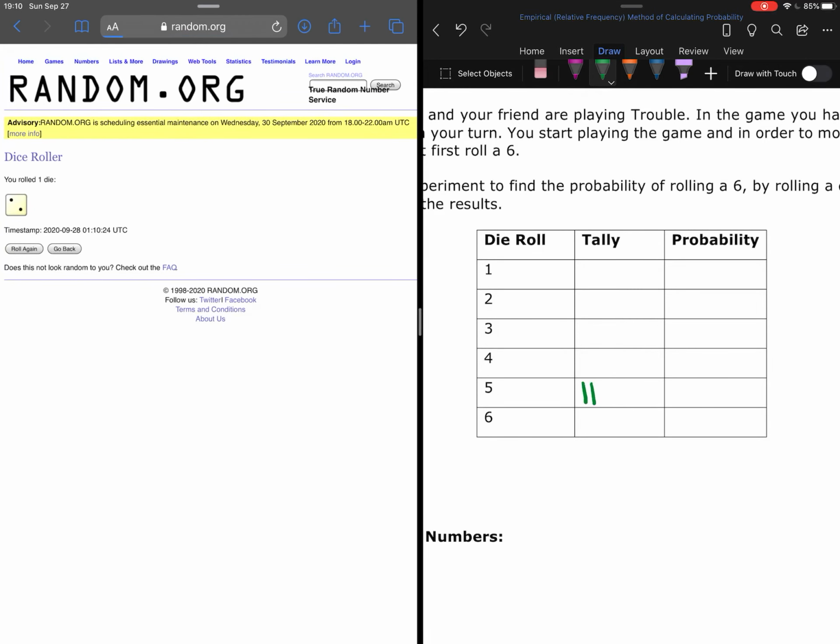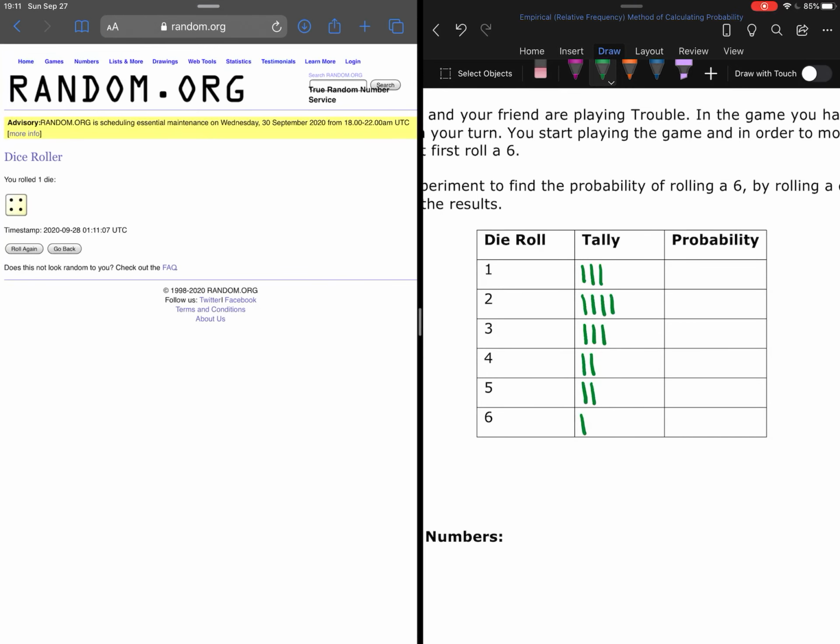Another 5. 2. 3. 1. 4. 6. 1. 3. 1. 4. 2. 2. 2. 3. I've got to see how many I've done now. 3, 7, 10, 11, 12, 13, 14, 15.